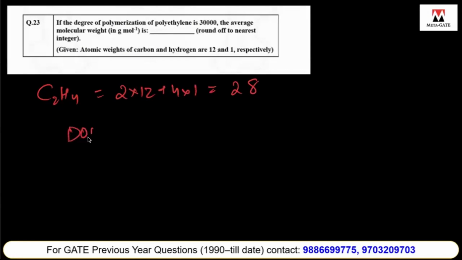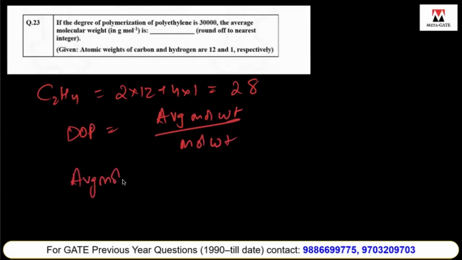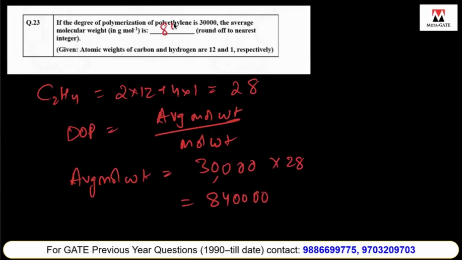The degree of polymerization is nothing but average molecular weight by molecular weight of monomer. So we need to find the average molecular weight. So average molecular weight is equal to DOP 30,000 into 28, which is equal to 840000. So answer is 840000.